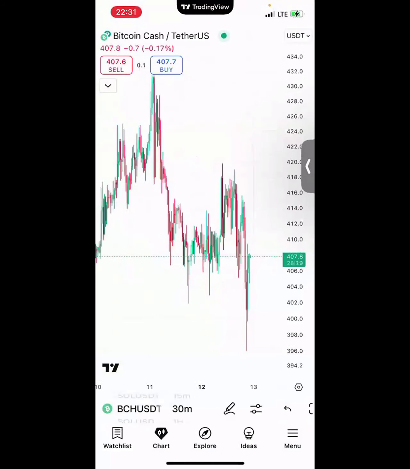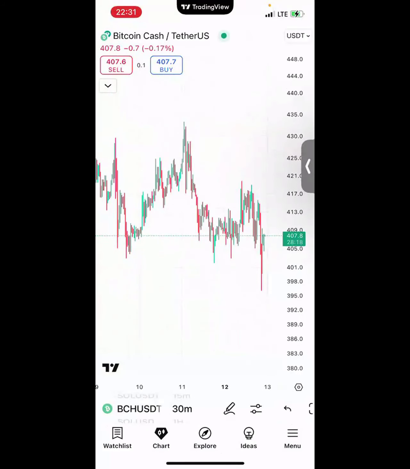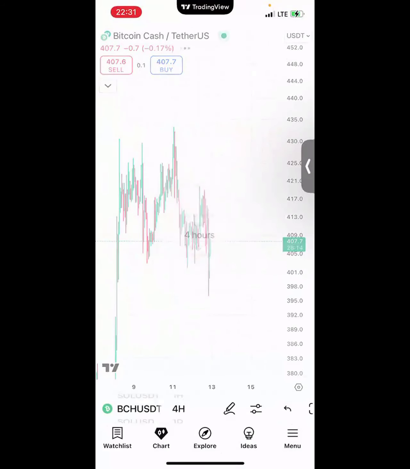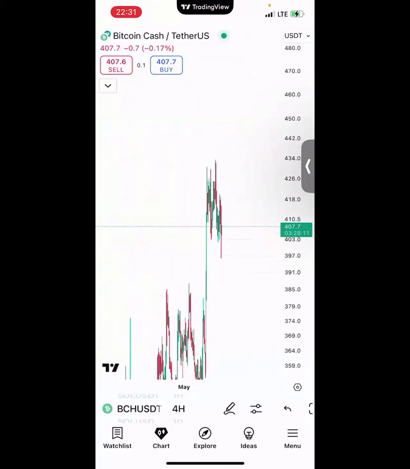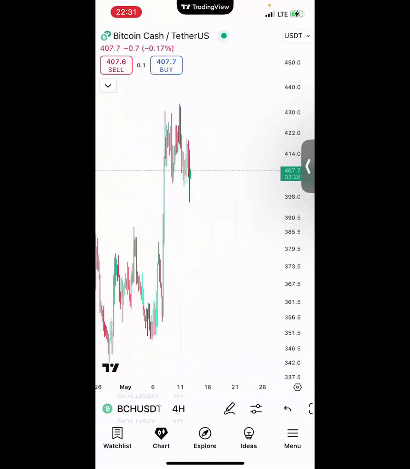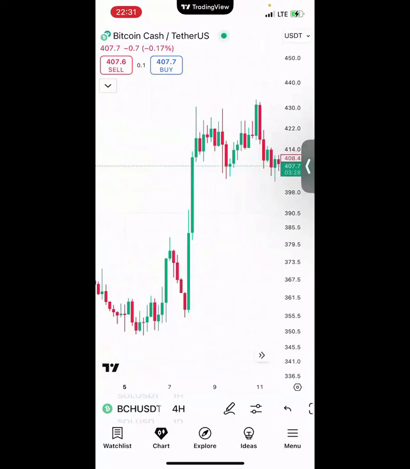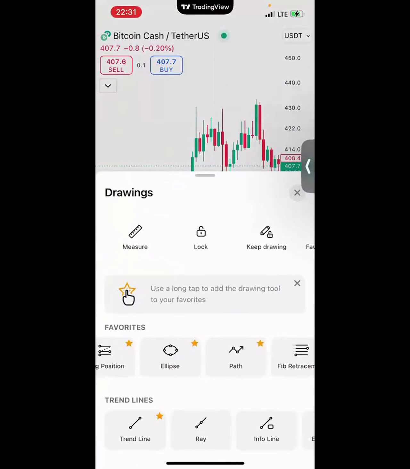So let me go 1 hour, 4 hours. We said here we are having an uptrend, a clear uptrend, right? And the other block that we were talking about is actually here. So look at.